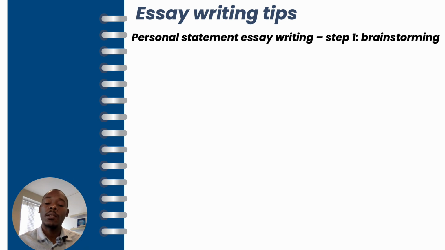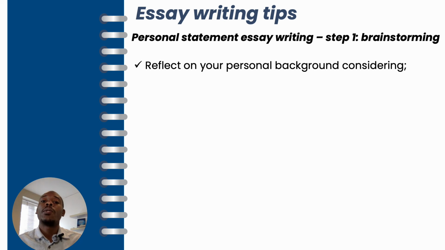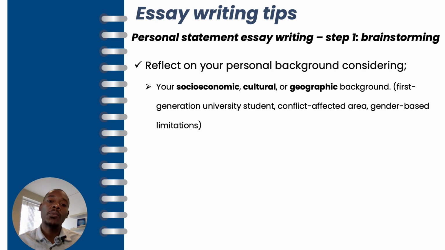The first part is to start by brainstorming from the wealth of experience that you have in your previous experiences. So reflect on your personal background. When you are reflecting, you should consider your social, your culture, and your geographical background. Are you a first generation university student, meaning that from your family no other person has been able to reach the university level?